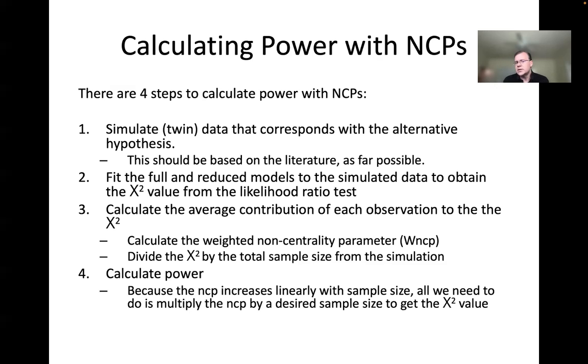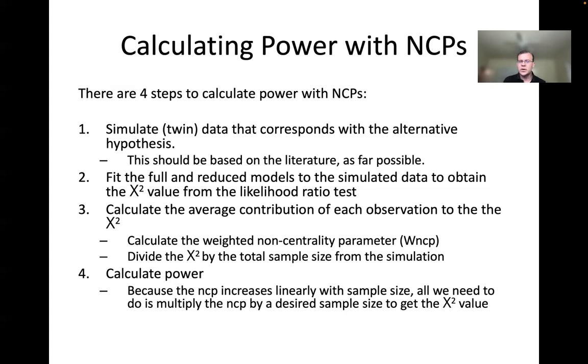That would be something we'd want to test. Of course, the level of your effect sizes, for example, how big your additive genetic variance component is, should be based on the literature as far as possible. If you're doing something really novel, you might not know how heritable it is, and so you'll have to take a guess.